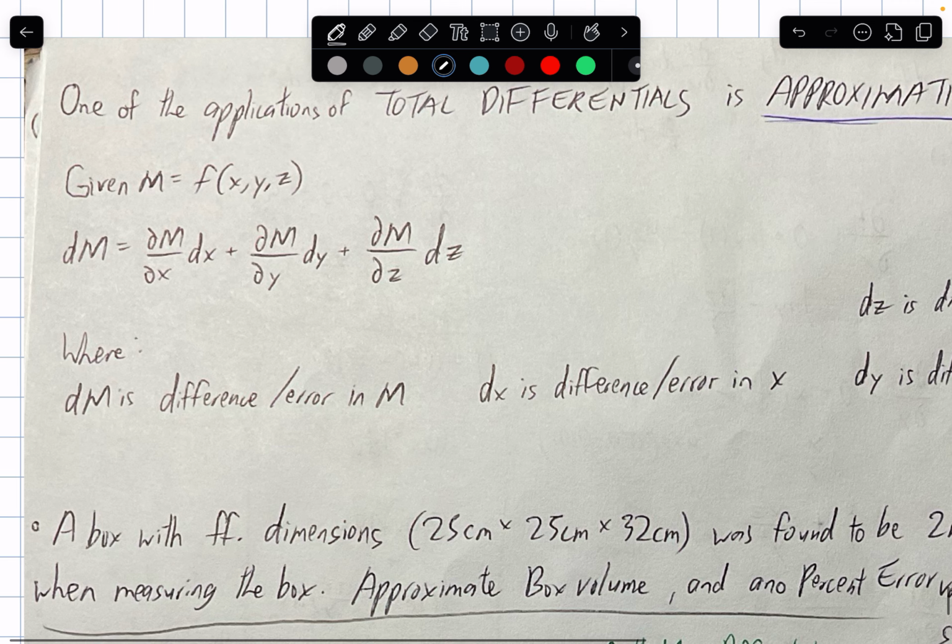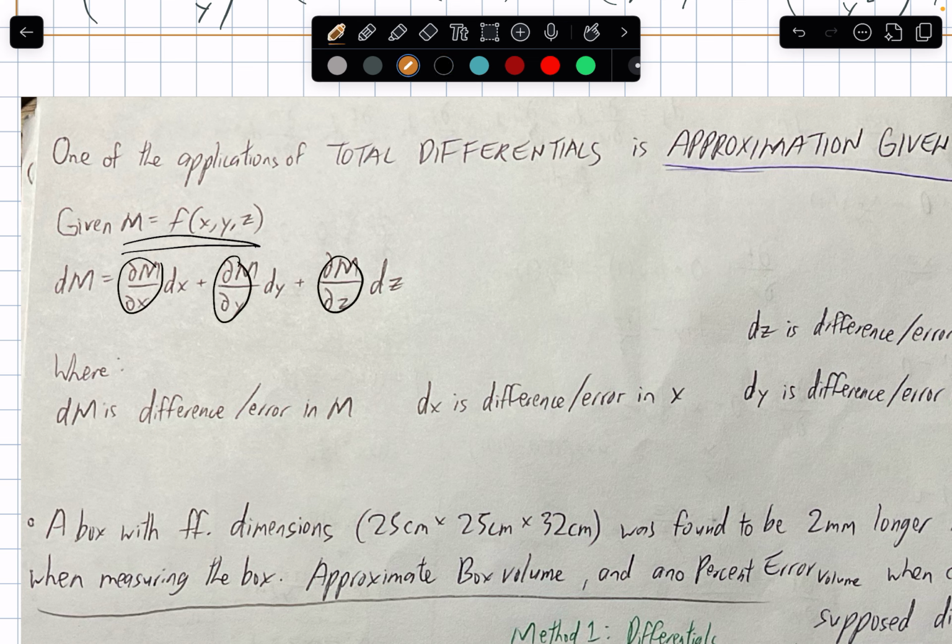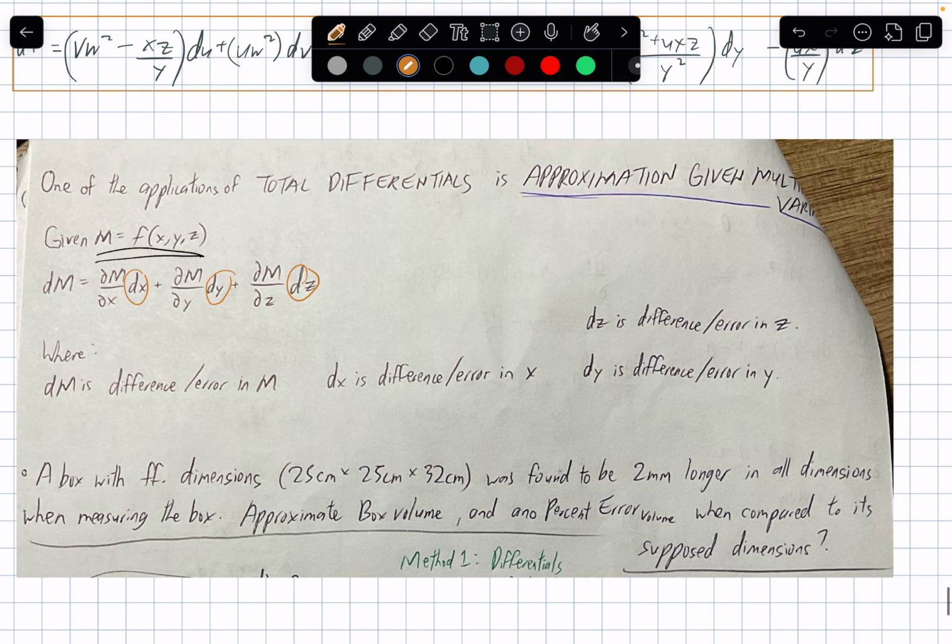Previously, whenever we solve for example, we have this kind of scenario, we just look for these three. And essentially, dx, dy, and dz are just copied as is. But in the context of approximation, these variables actually have a value. And these are usually the errors.